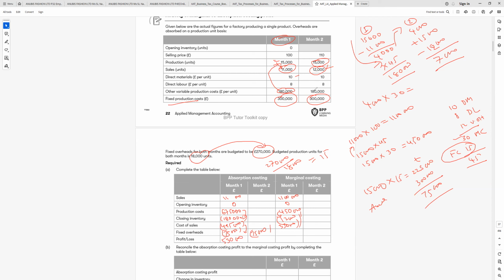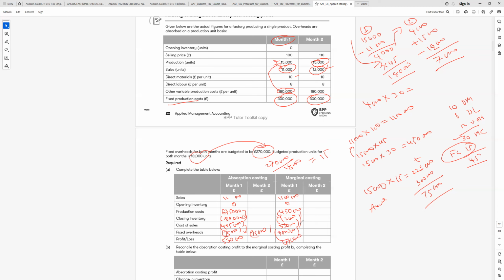Okay, 300,000 is the fixed for the marginal cost. Marginal cost doesn't have to do anything else. So for marginal cost, we need to minus the 300,000. In marginal cost, we don't have to find the under or over absorb. So under the marginal cost, we can see our profit is 470.